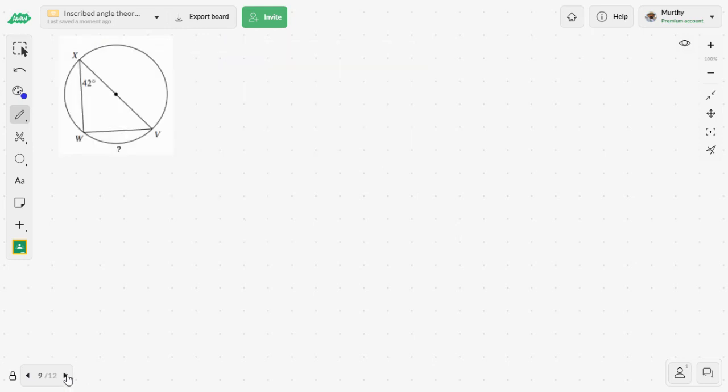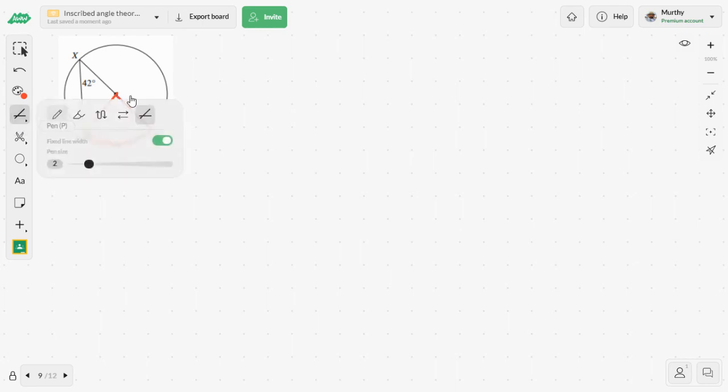Here again, you are asked to find the measure of the arc. Again and again I'm repeating, please remember that the measure of the intercepted arc is the same as the measure of the central angle.